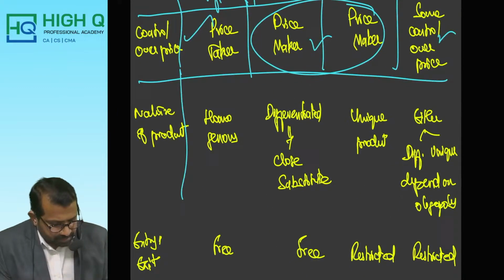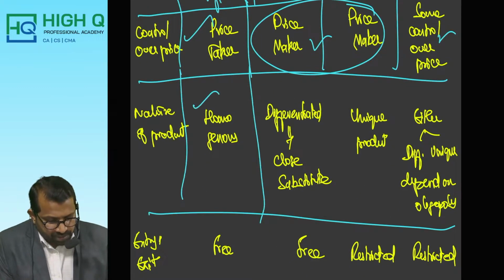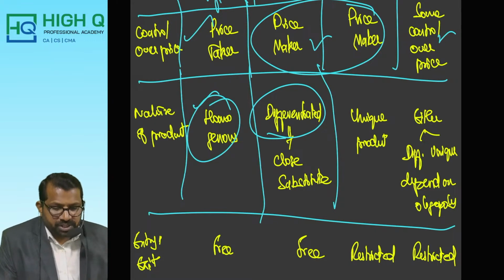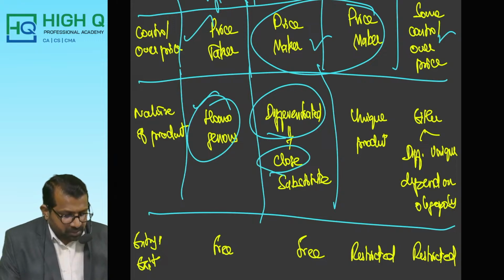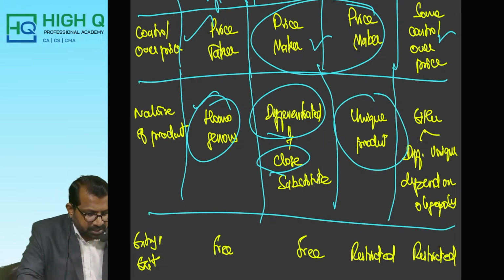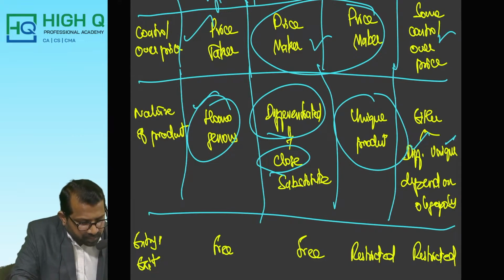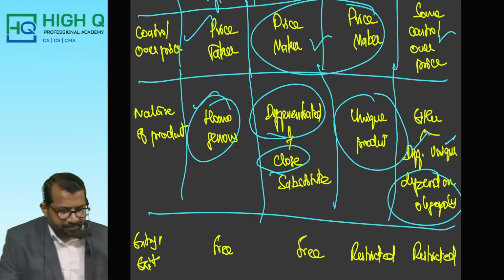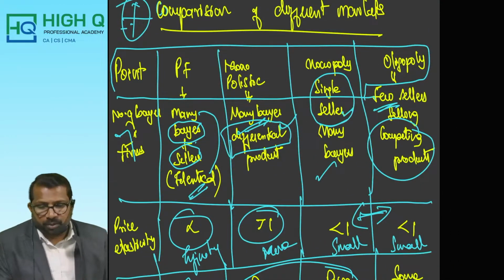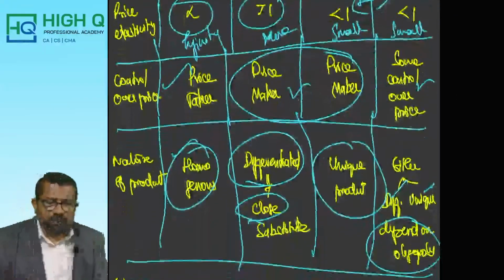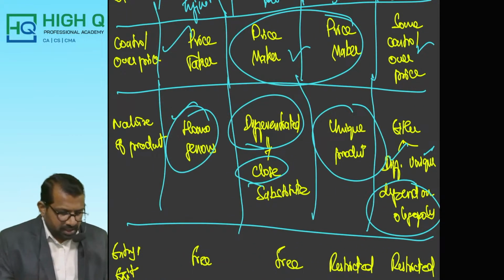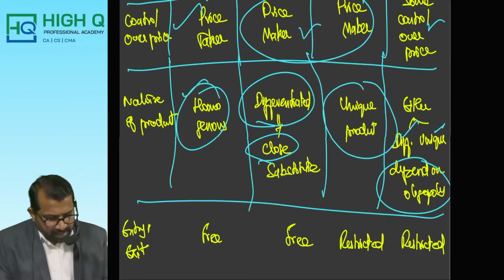Nature of product: homogeneous product in perfect competition, differentiated product but close substitutes, and a unique product for the single seller. Oligopoly is either differentiated or unique product. Since oligopoly means few sellers selling competing product, it depends on where they focus, on differentiated products or unique products. Entry and exit.